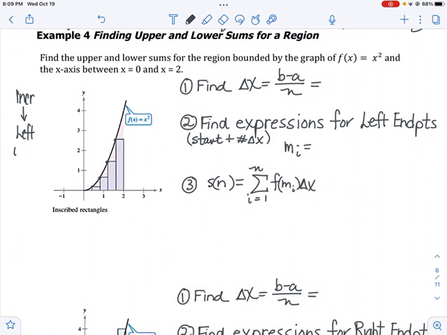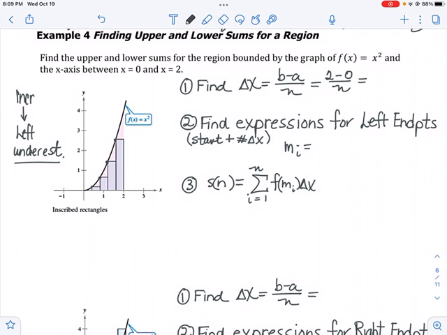So the left endpoints are going to produce an underestimate. We can see that by looking at the graph, and we can get used to saying things like this over and over again. It's a topic where they often ask whether the Riemann sum will produce an under or overestimate.